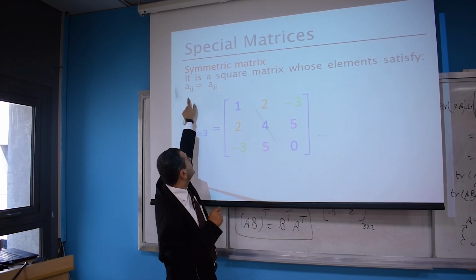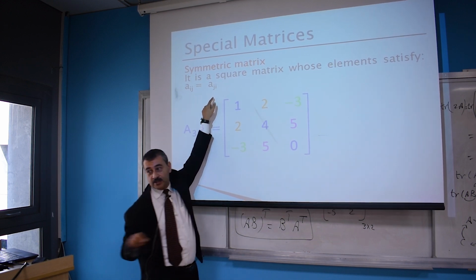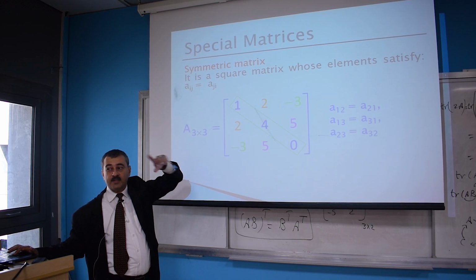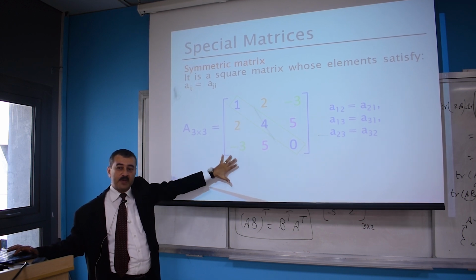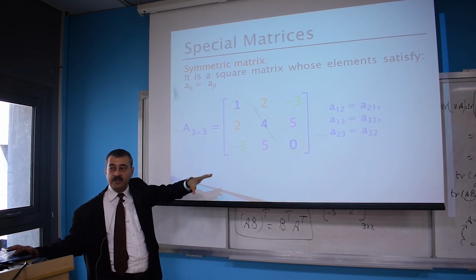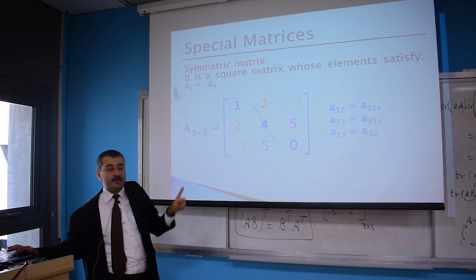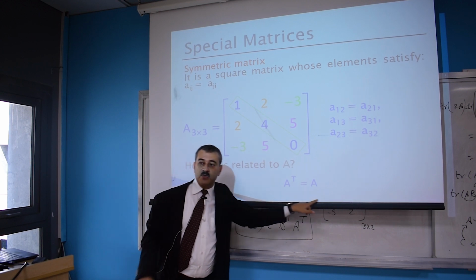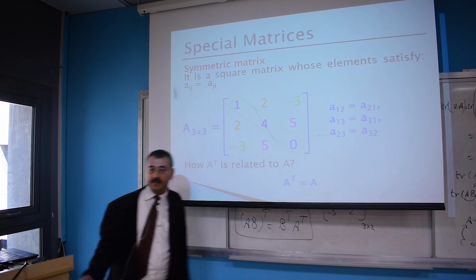In general, Aij equals Aji. Or simply, as we said, the transpose of this matrix is itself. So we can write one equation for the symmetric matrix as a condition: A transpose equals A.